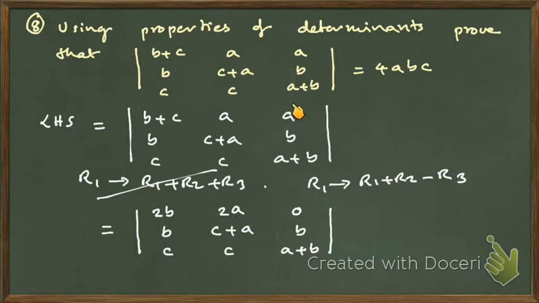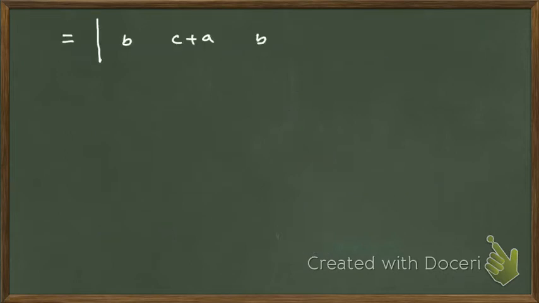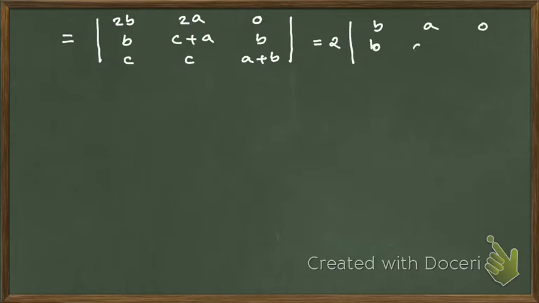R1 plus R2 will give me A plus B and take away A plus B. A plus B, take away A plus B is 0. Then I have a 2 common factor which I will take out of the first row. So it's going to be 2 times B A 0, and I copy the other 2 rows the same.